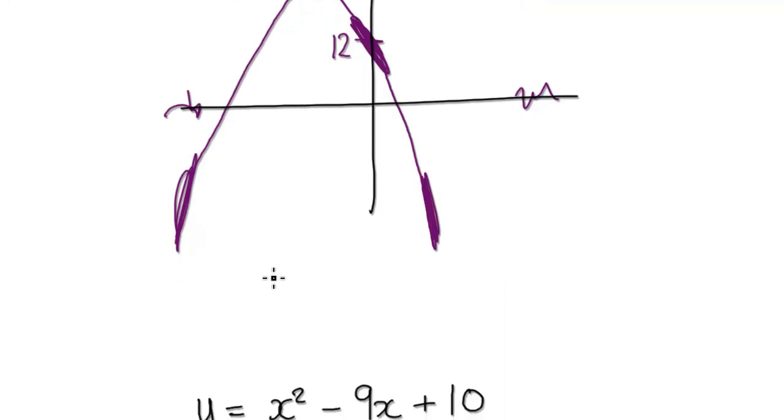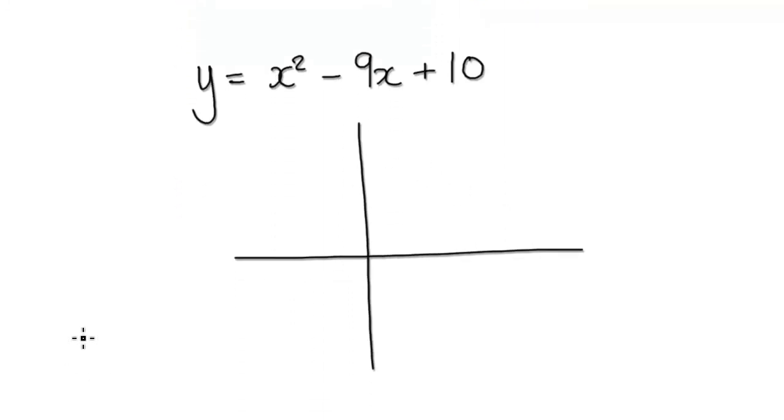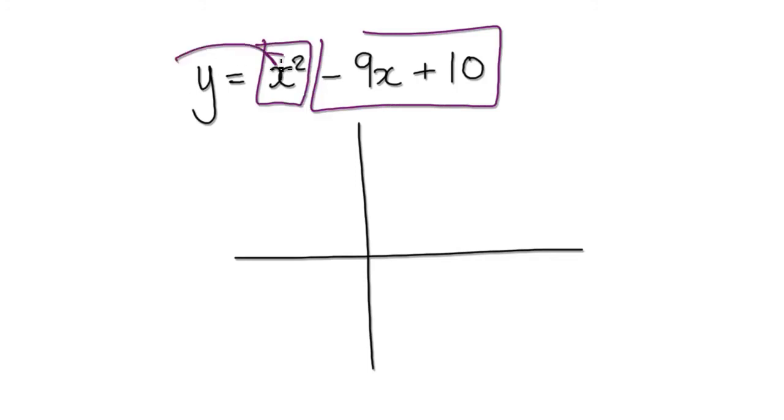Okay, so next one. Okay, so press pause and have a go. Okay, so to do this, when x is small, it wants to do this. When x is big, it wants to do a positive quadratic. So intercept of 10, gradient of -9, and then it wants to do a positive. So I would have to go up here, and then down, and then up again.